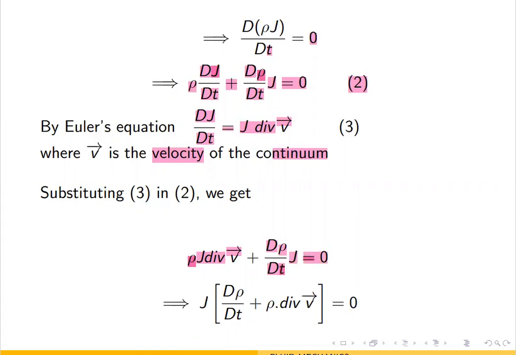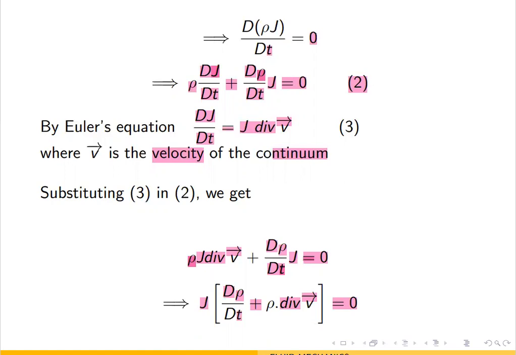Now, here we can see that J is common. What is remaining is d rho by dt plus rho into divergence v. This is ordinary multiplication, there is no dot here. Now we have the product equal to 0.